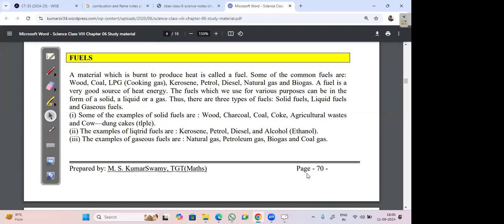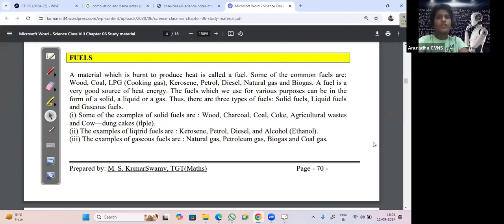So what substances do we call as fuels? Which substances can be called as fuels? Yes, Pranav. Sir, which are combustible.